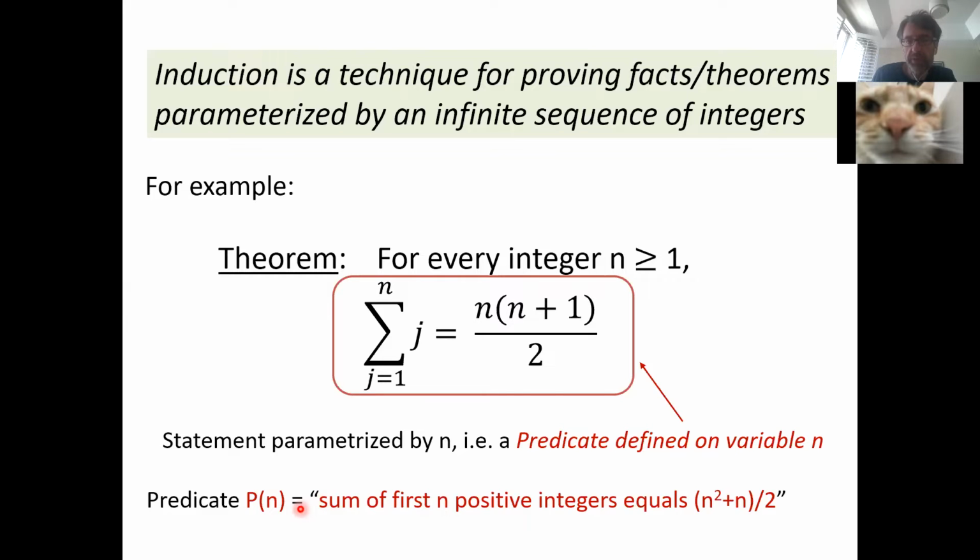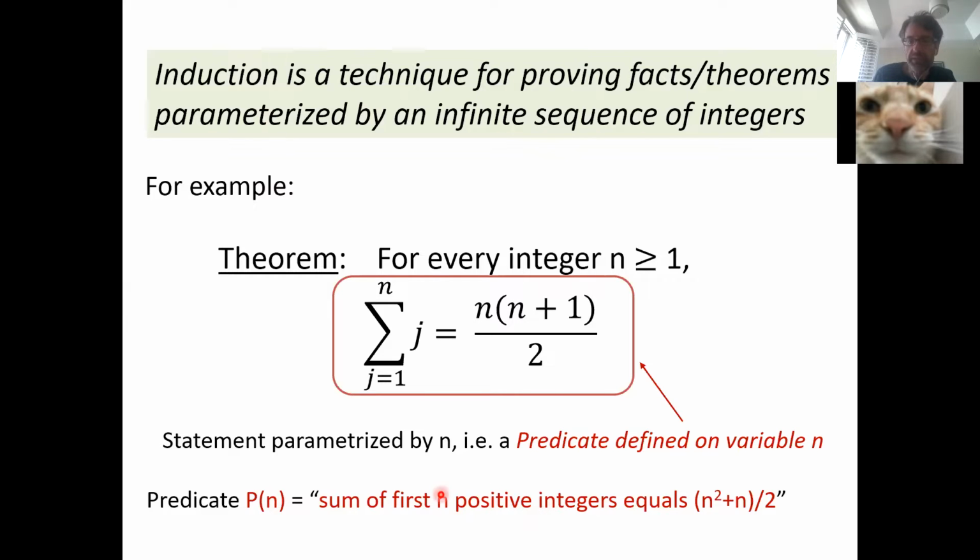Now, what do we mean that it is parameterized by an infinite sequence of integers? Well, because in this statement the parameter is n, right? It's the argument in the predicate. And how can you prove such a thing true for all n? Well, you can try to somehow prove it from scratch.